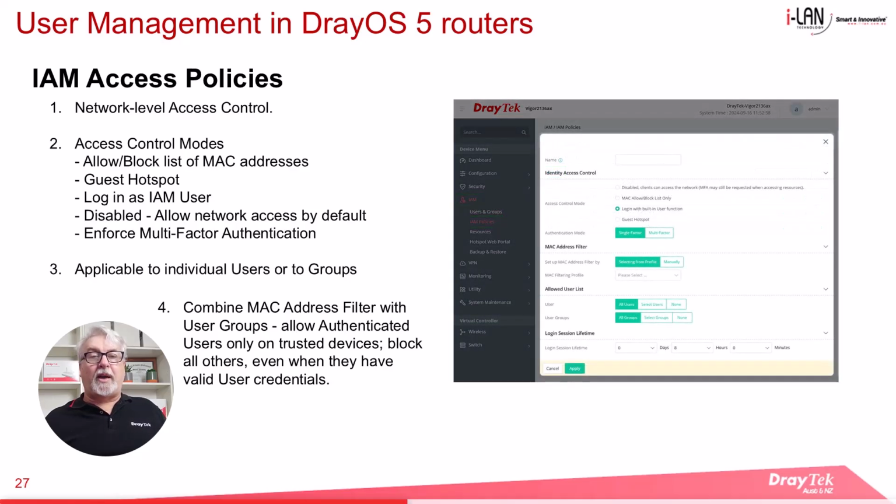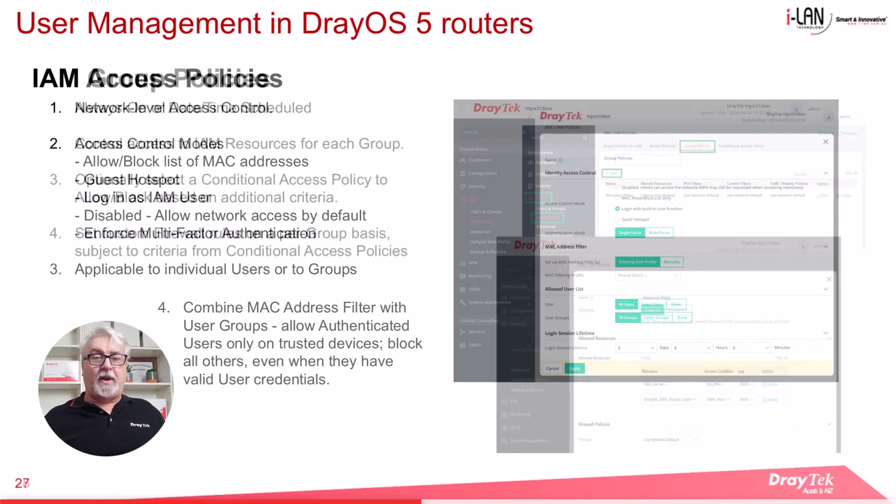Combining options from IAM access policies can restrict network access to authenticated users with trusted devices. This allows for protecting against stolen credentials being used to access your network from an untrusted device. IAM access policies can also be used to create guest Wi-Fi hotspots with captive portals, forcing users to agree to your terms of service before being granted network access.